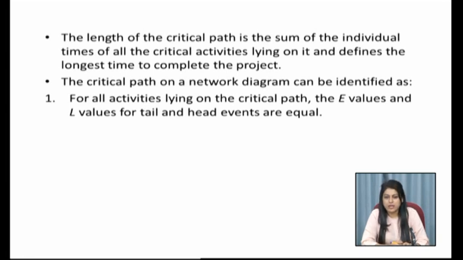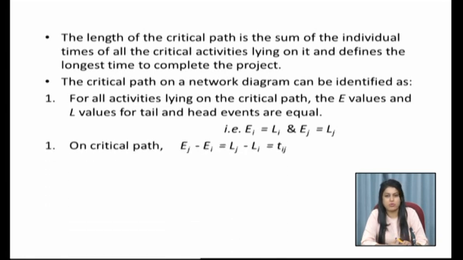For all activities lying on the critical path, the E values and the L values for tail and head events are equal, which means that Ei is equal to Li and Ej is equal to Lj. Also, Ej minus Ei is equal to Lj minus Li, which is equal to the duration that particular activity takes for its completion.